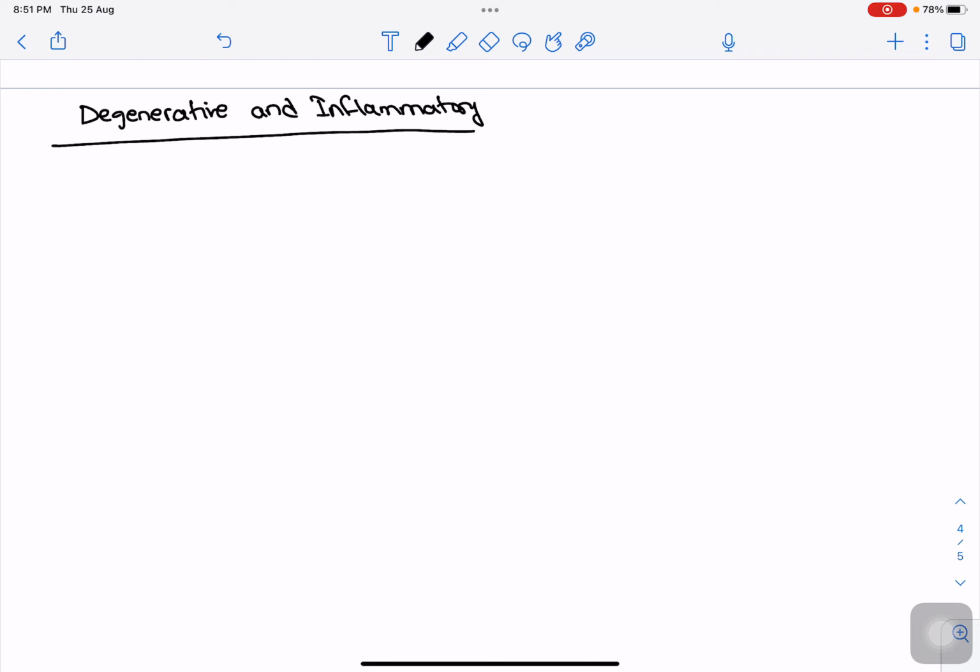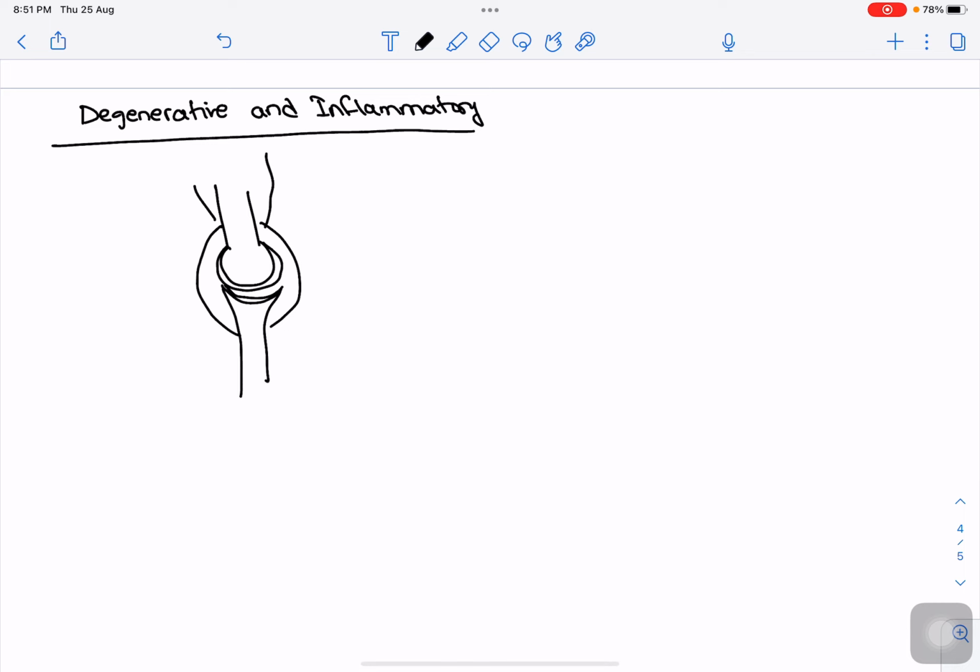If you look at the first picture that is present in the Toronto Notes Rheumatology chapter, you'll see a joint presentation which has the two bones, and there is this cartilage along with the bones on the joint, and then there is this tendon covering the joint area, and on the upper side there are muscles.